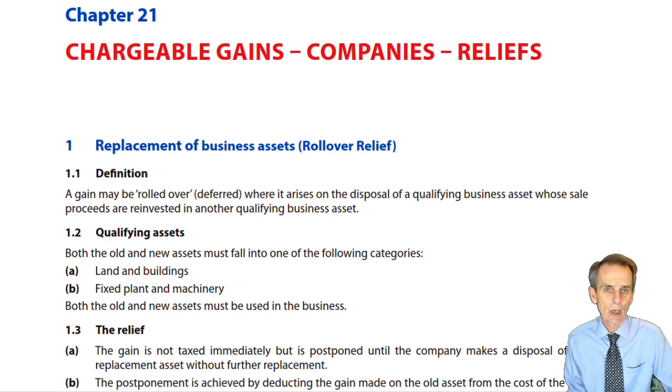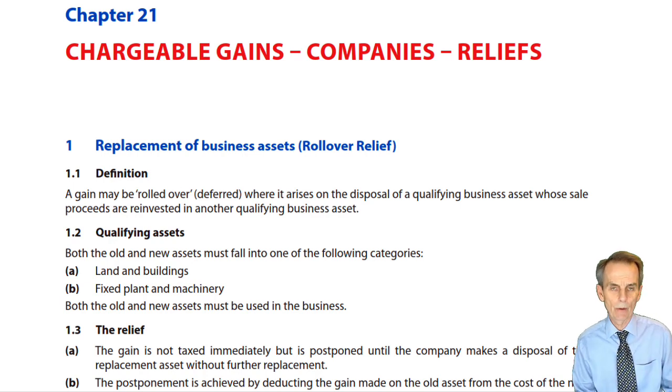If we have, in that time period, that 4-year window of opportunity for the reinvestment to occur, if we've reinvested all the proceeds in that time period, then the entire gain on the disposal that we are dealing with will be able to be deferred through a rollover claim.